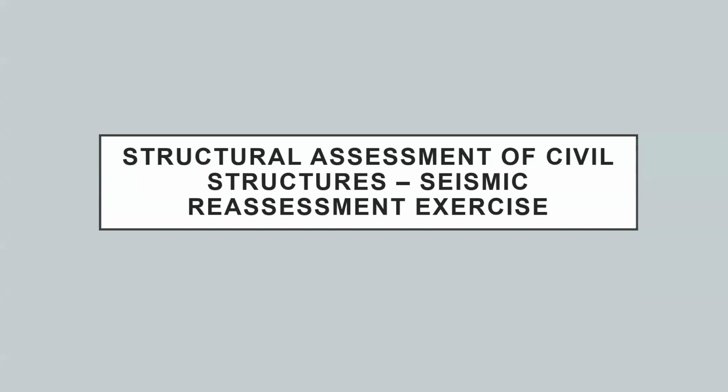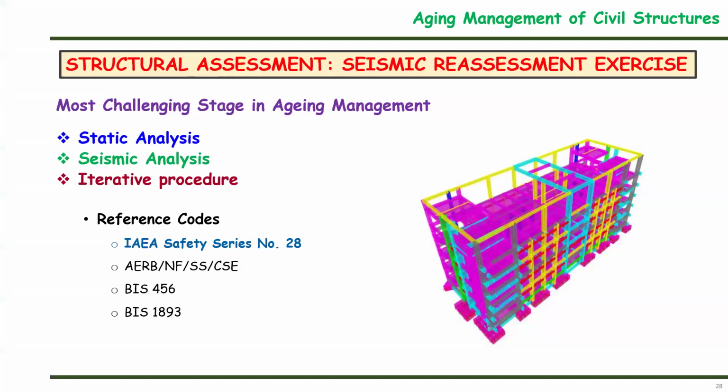Now, the second step in an effective aging management program would be the structural assessment of civil structures. Basically, we carry out a seismic reassessment exercise. This is the most challenging stage in the aging management program. Here we try to create a finite element model of the structure, and a typical model is shown in the slide.